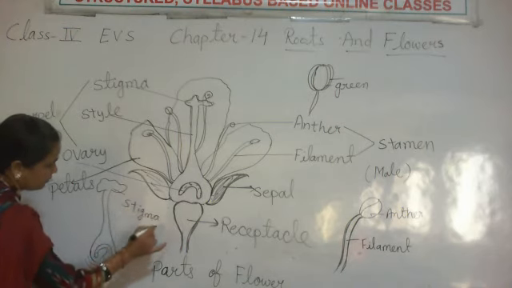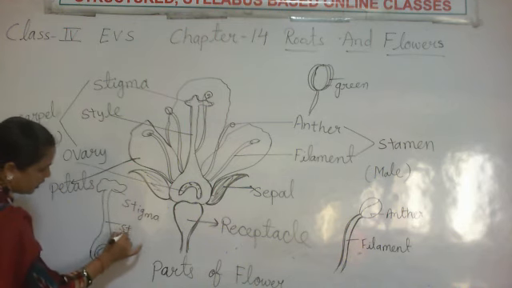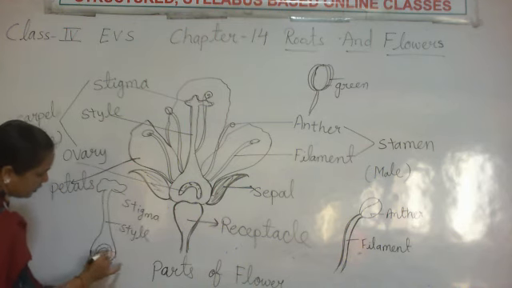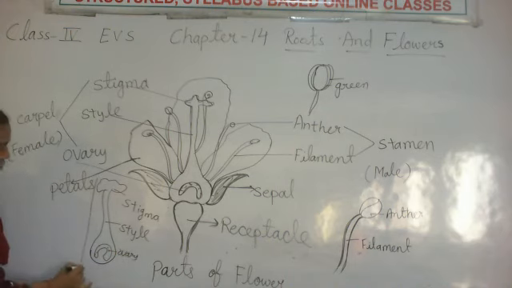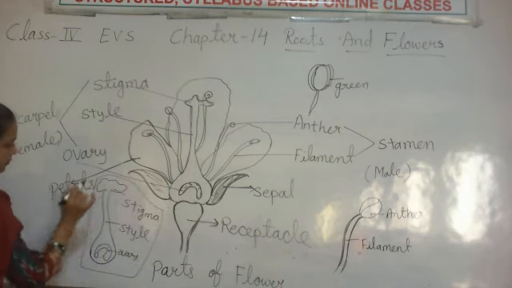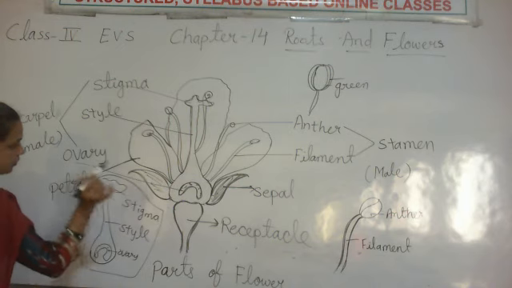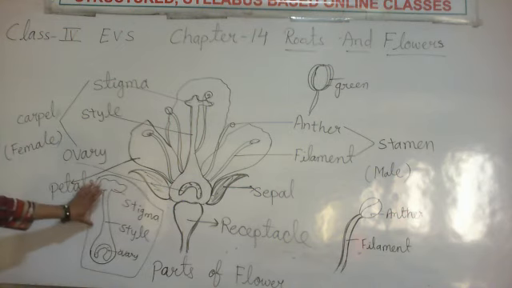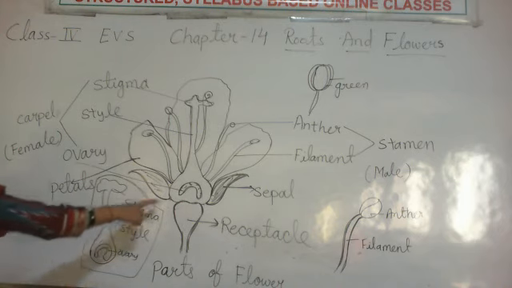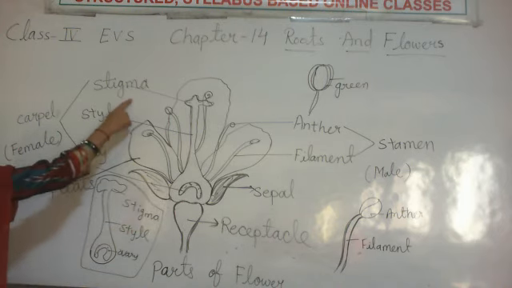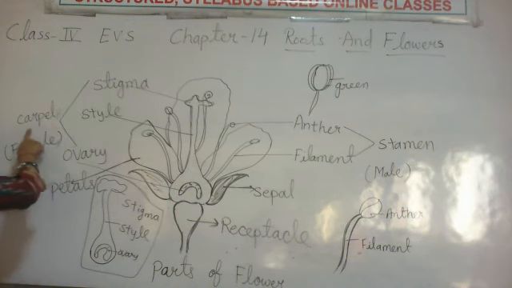Stigma, style, and this is ovary. This is the separate picture of the ovary. Okay. This is the carpel, this part. Okay. Ovary, style and stigma make a carpel.